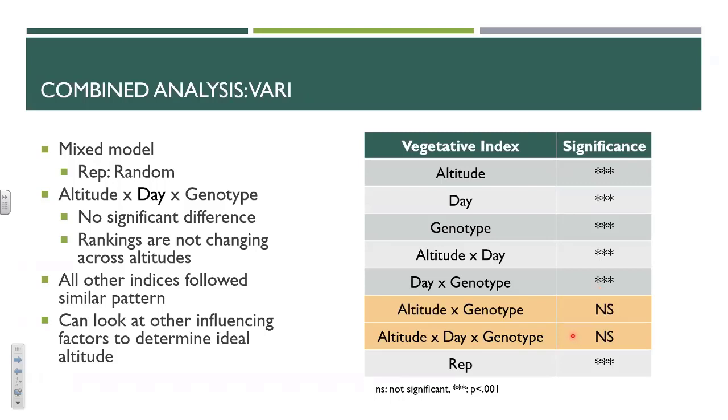And since this is not significant, we can also look at the second order interaction, altitude by genotype. So again, we're very interested in seeing if you fly at different altitudes, is the order of those genotypes changing? And it isn't. And this applied for all 24 indices we looked at.